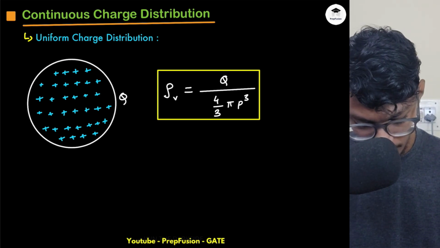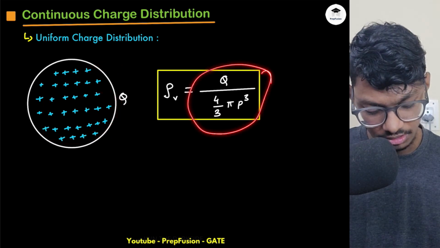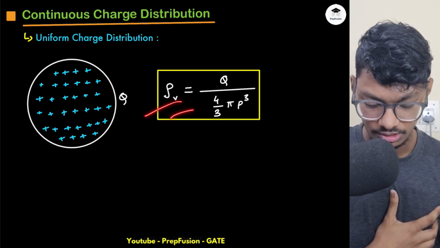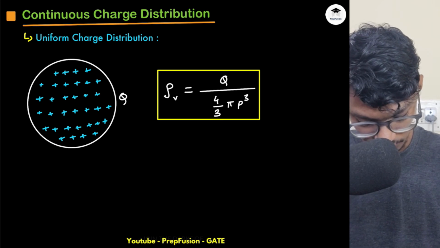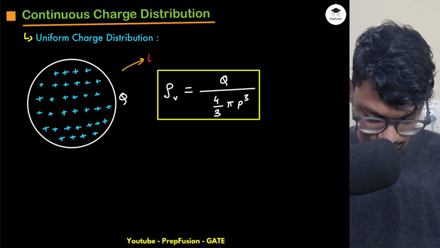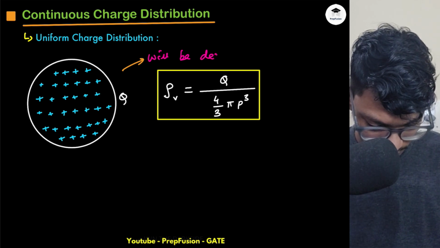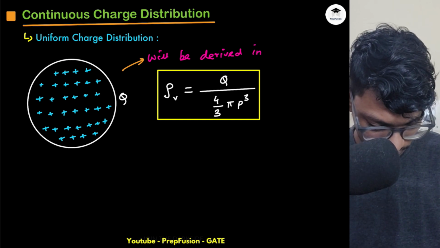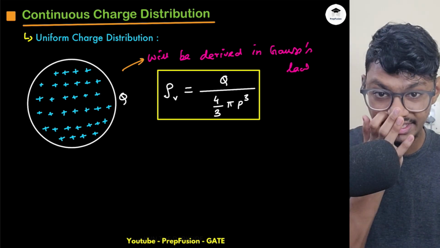And actually for a uniformly charged sphere, the rho v will be simply q by 4 by 3 pi r cube. Okay, rho v. And this I will not derive right now. It will be derived in Gauss's law. I'll not derive here because the derivation will go lengthy and I don't want to do that.